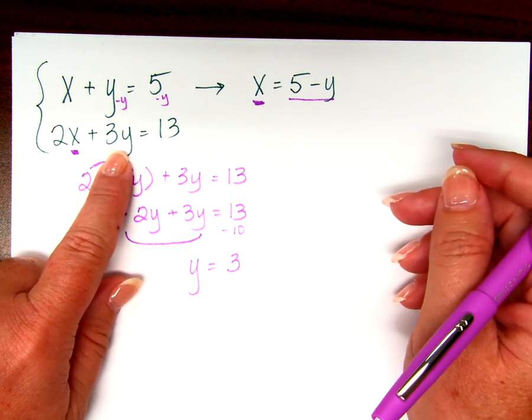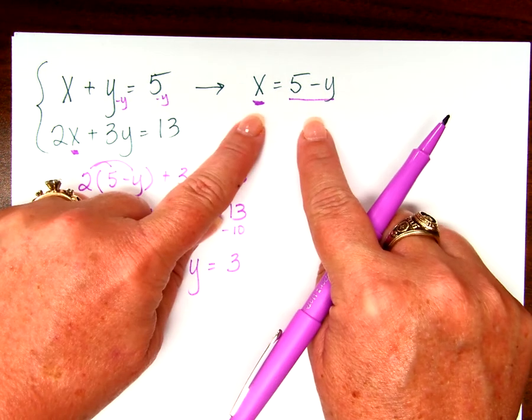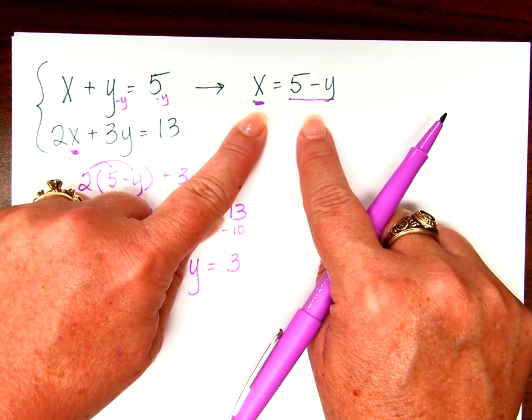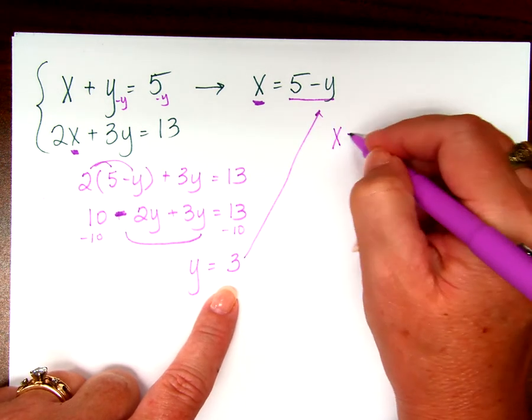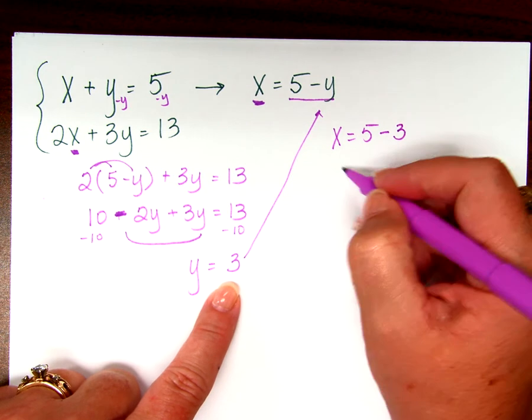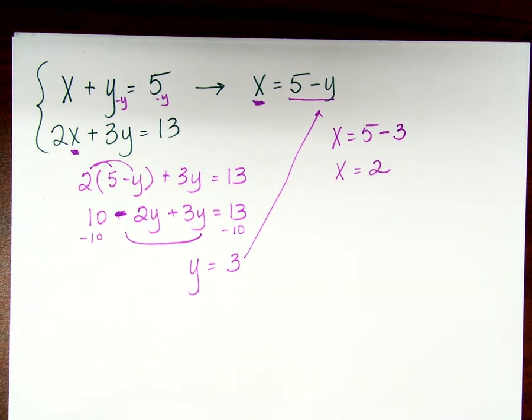Is that the wisest choice, one of these two? How about if I just plug it into this one because I already have x solved for? Isn't that what I'm trying to find? So if I take this and put it right up there, I have x equals 5 minus y, which I know is 3. x equals 2. Now I'm done? Ugh. What do I have to do?